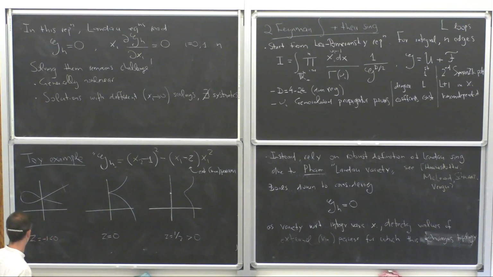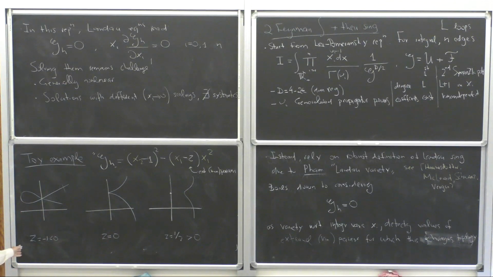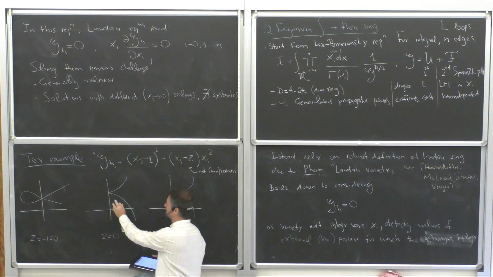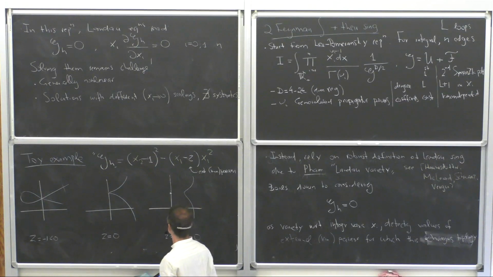So what do we see here? Let's suppose that we started with z negative. We get a curve that has one closed loop. Clearly also here it's singular. There is no way to define the tangent plane to this point. As you increase z, you go to a point where this loop degenerates. Clearly, it changes topology. Z is an external parameter, a parameter of the integral, in our case a mass or a momentum.